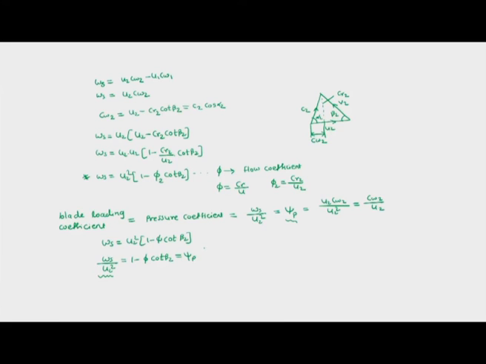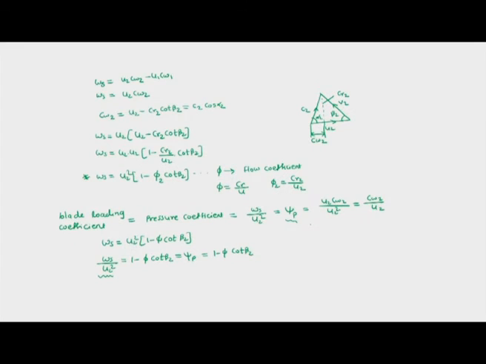So we have psi p is equal to 1 minus phi into cot beta 2. This pressure coefficient helps us to compare different centrifugal compressors, and we can have an analysis using this pressure coefficient.